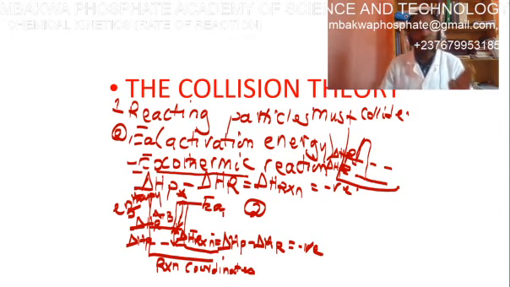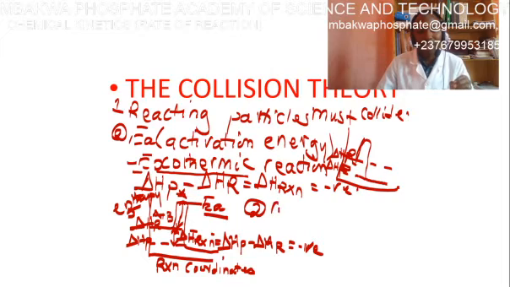Now, the second point of the collision theory simply says the reacting particles must collide with an energy which is equal to or more than the activation energy for a reaction to take place. If they don't collide with this energy, the reaction will not take place. What is activation energy?